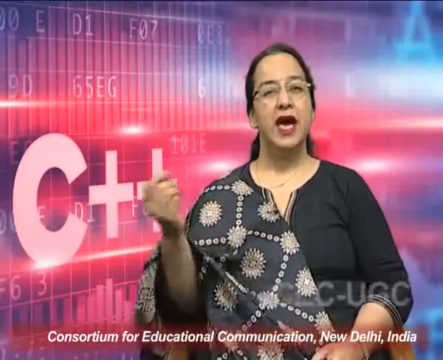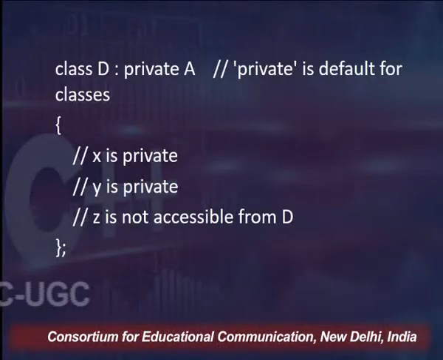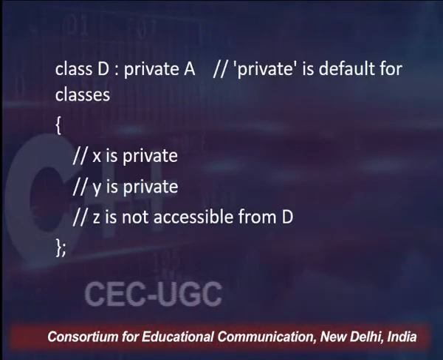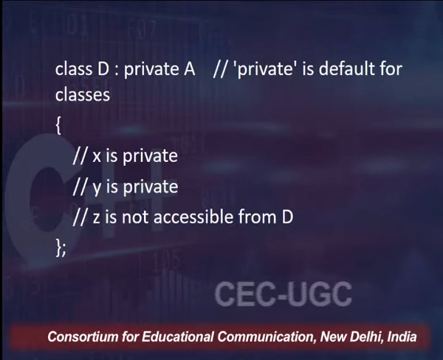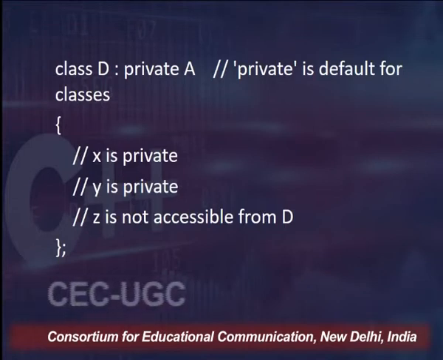X, which was public there, is now private here. Y, which was protected there, is now private here, and Z is obviously not accessible from D.